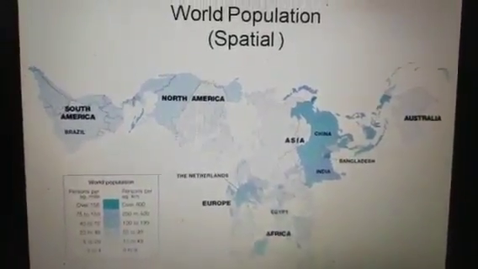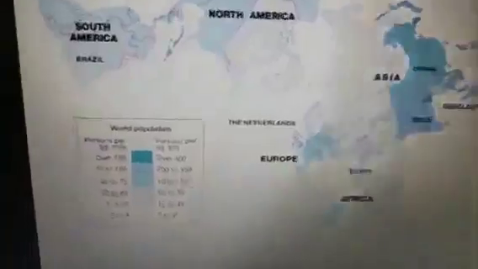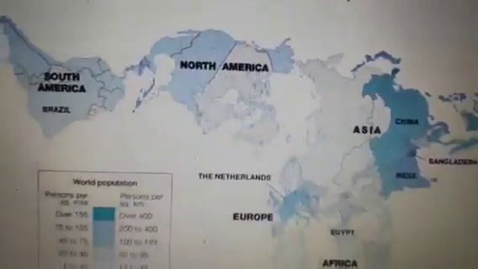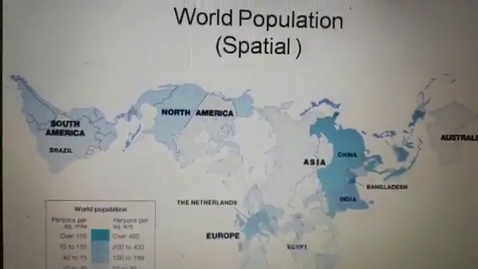When we talk about the world population in a spatial way, you can see that the darkest one is over 400 persons per square kilometer. You can see that in Asia, where China and India are, the spatial population is very much higher around the globe.